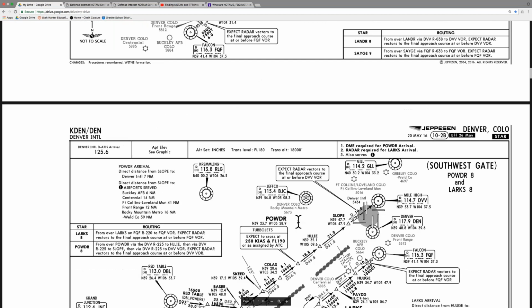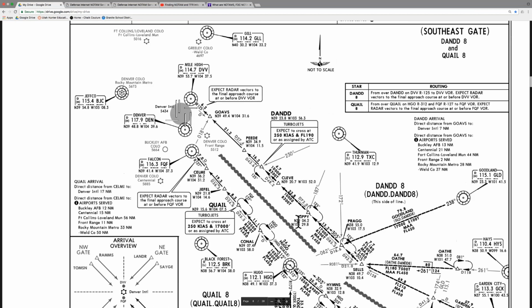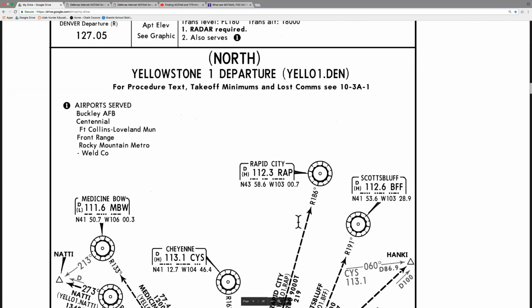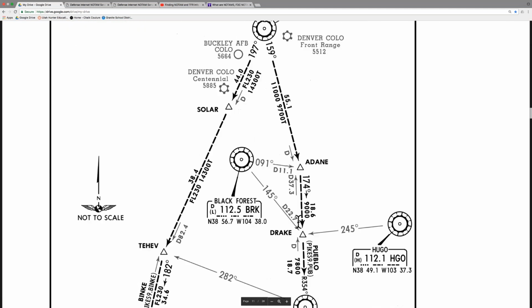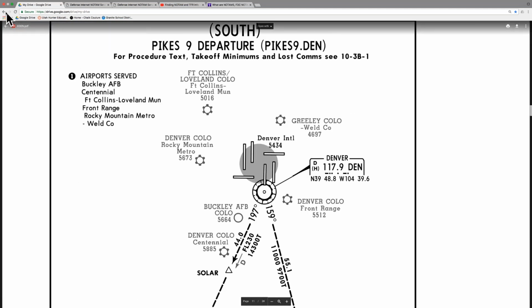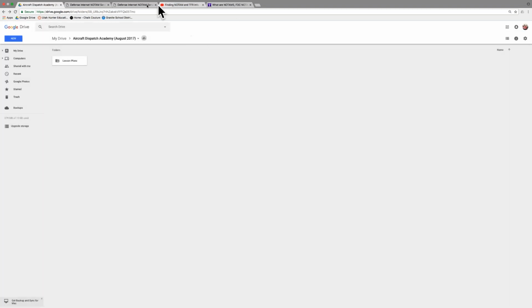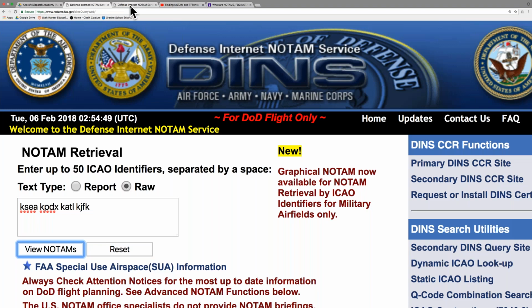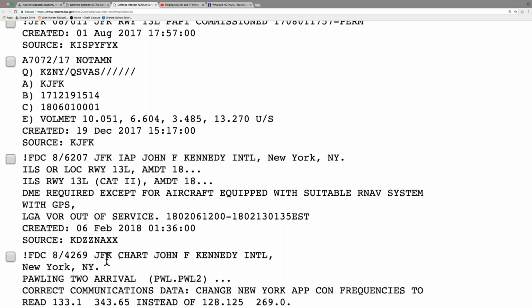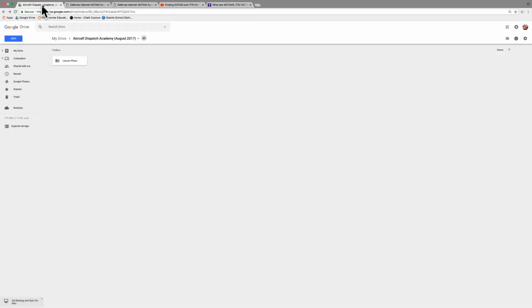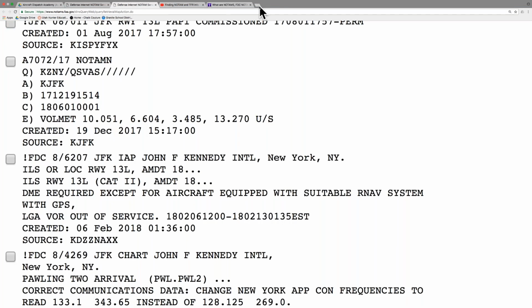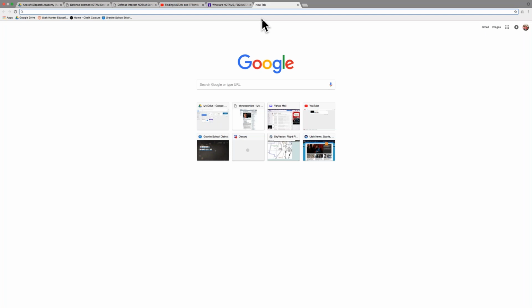So the arrival, this is talking about the STAR. If we come down here, oh, this isn't, let's see. This is JFK. I don't think we have JFK. Anyways, JFK, let's look at SkyVector.